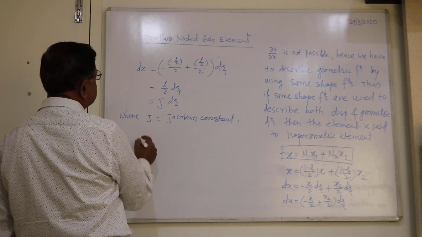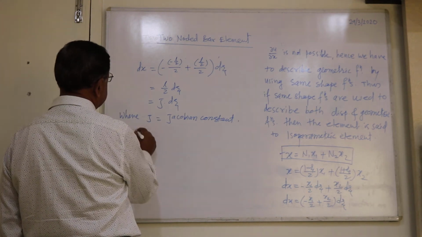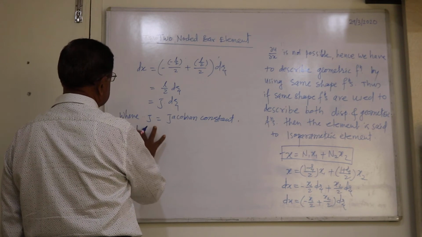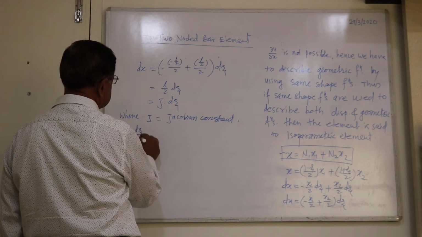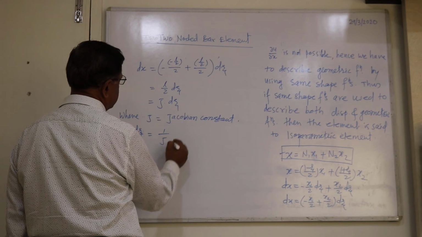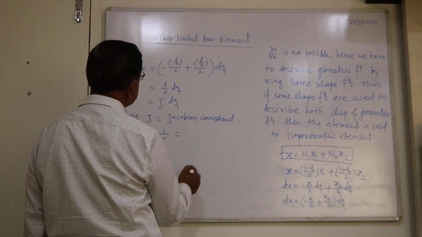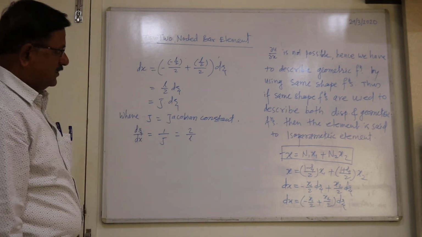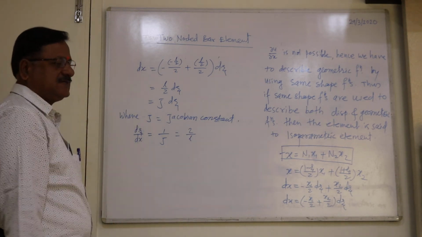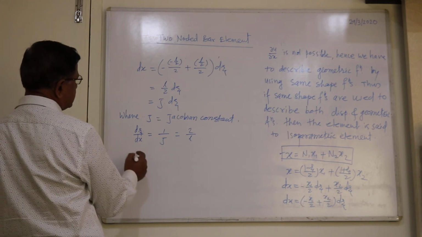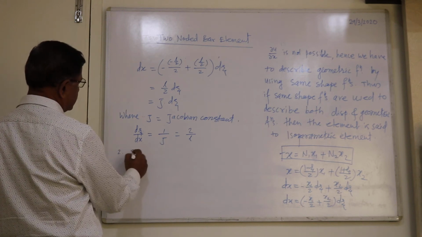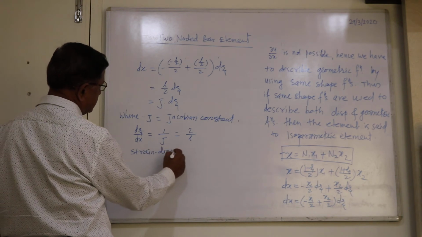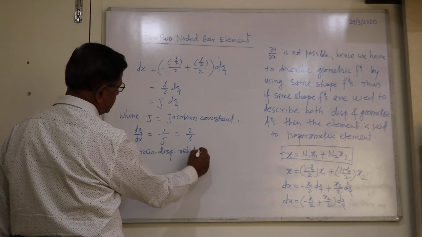Now from this, we can write dxi upon dx is equal to 1 upon J, and this is equal to 2 upon L. Now, in order to derive the element stiffness matrix, the next step, the second step, is to find the strain displacement relationship.